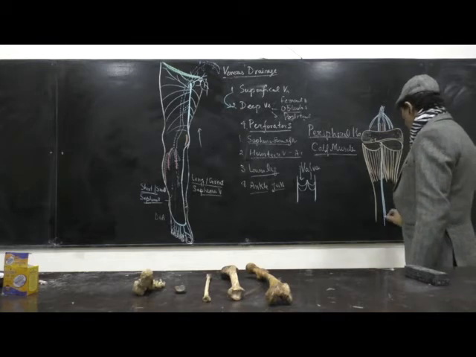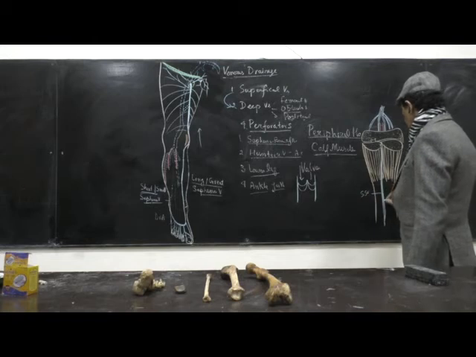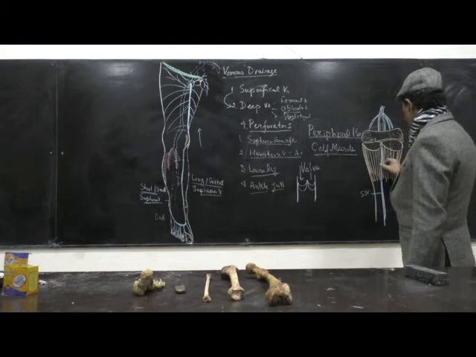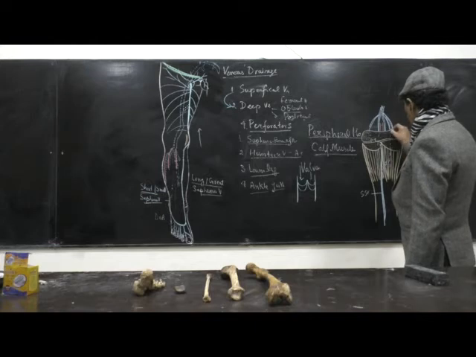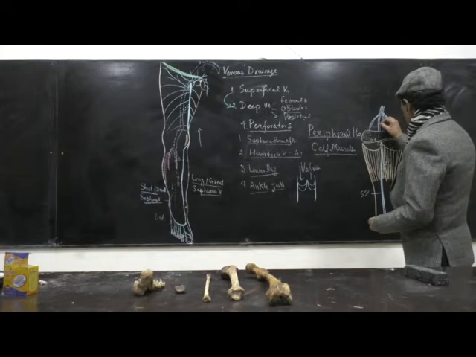So this short saphenous vein, through the perforators, communicates with the deep veins accompanying the anterior tibial artery, the posterior tibial artery, and the peroneal artery.